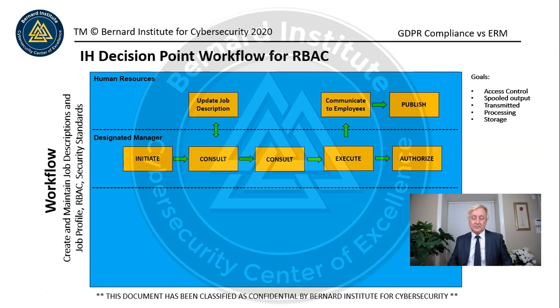So that's something that's kind of new that needs to be built in to the job description in order to make sure that we have clear delineation, because it's very hard for the people who are responsible for setting access control or establishing identity and access management for new employees to guess at what the employee needs to have access to.